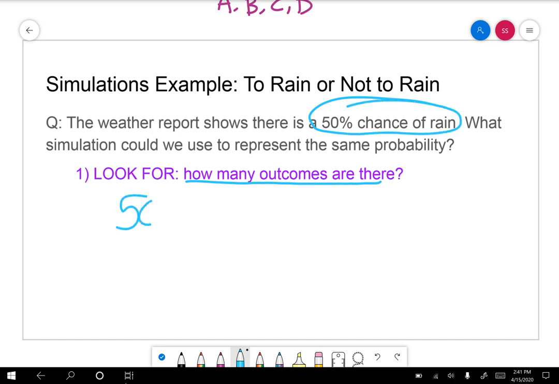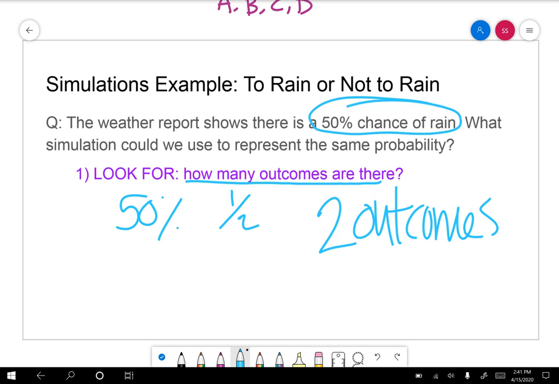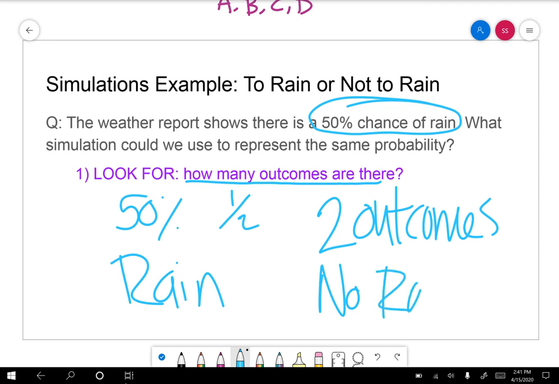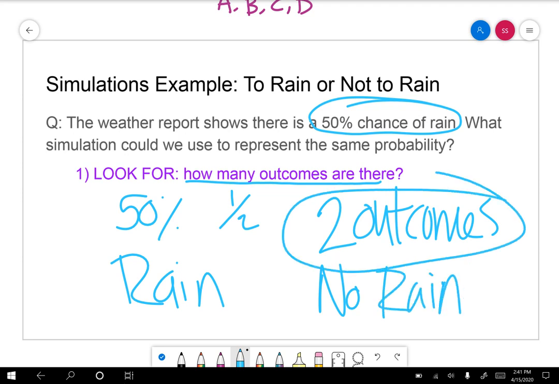If there's a 50% chance of something, it means it's going to be 50-50, right? 1/2, meaning there are 2 outcomes. The 2 outcomes in this case are rain or no rain.